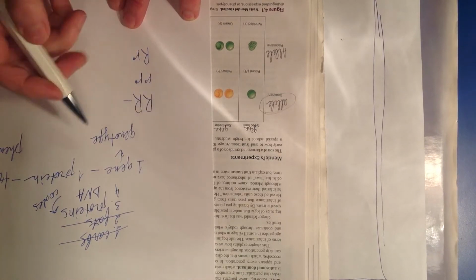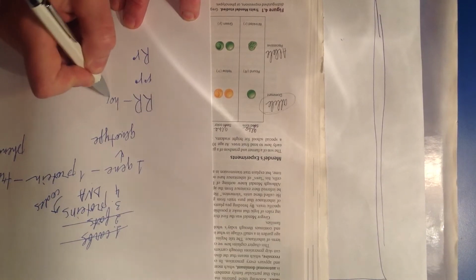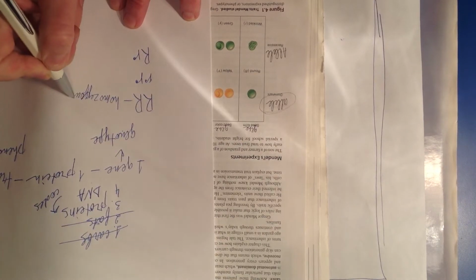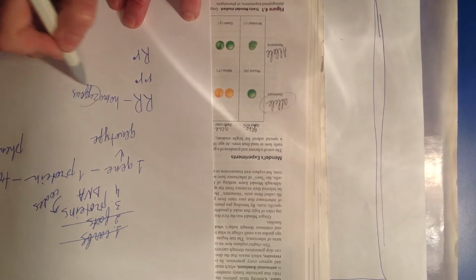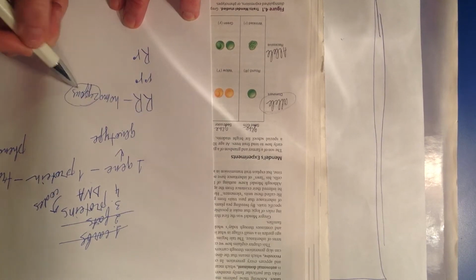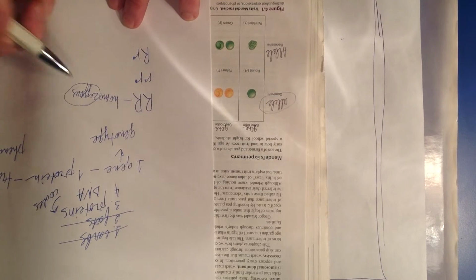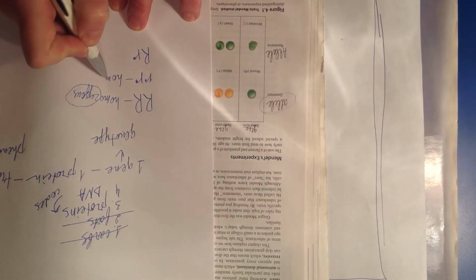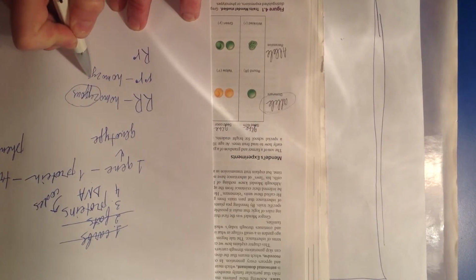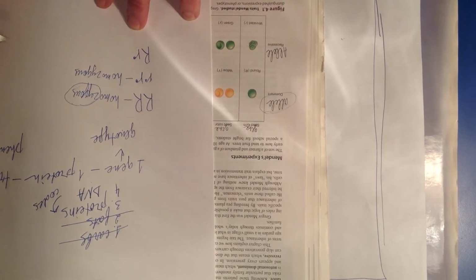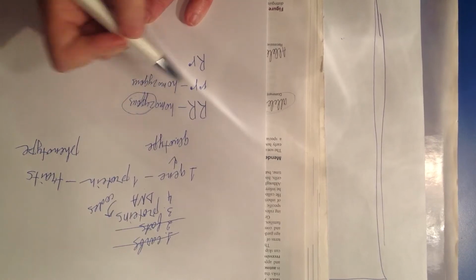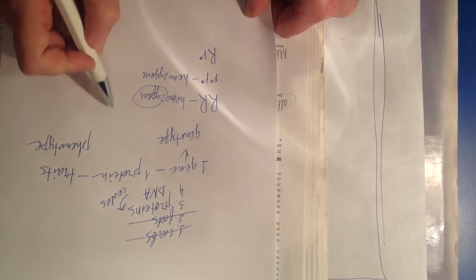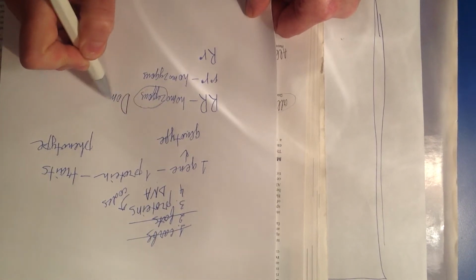This genotype we call homozygous. Remember the word zygote. You see zygos here. That's from that zygote word. This genotype is also called homozygous. But in the first case, we call the genotype homozygous dominant.